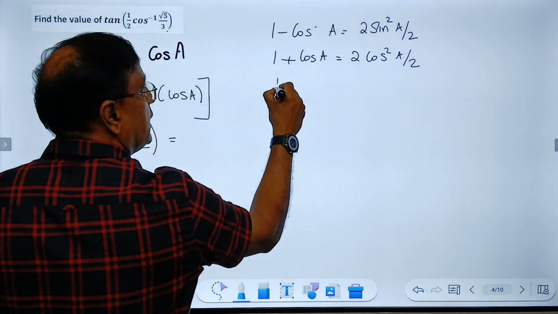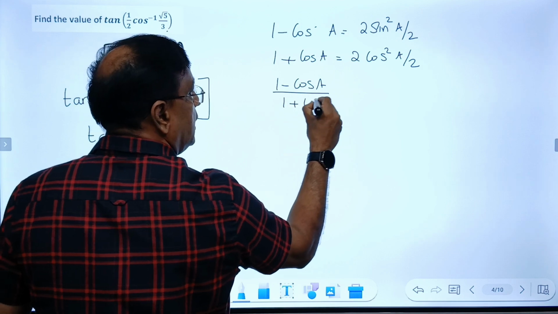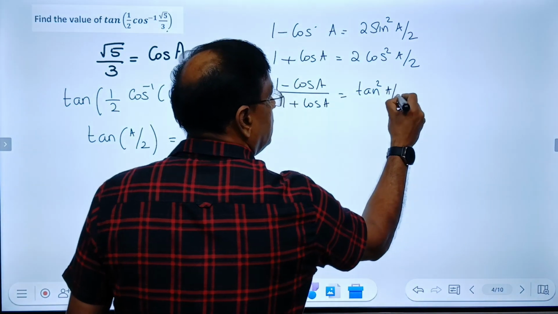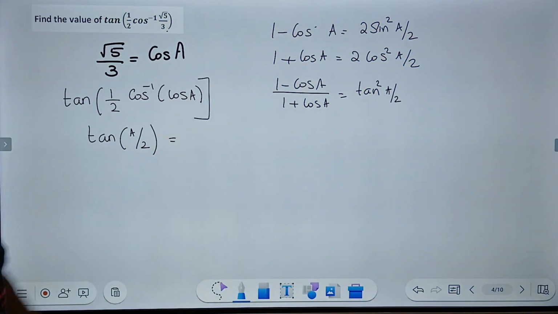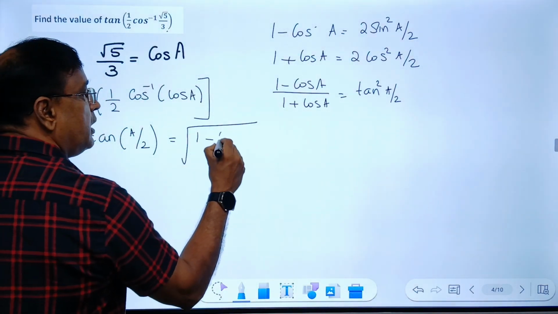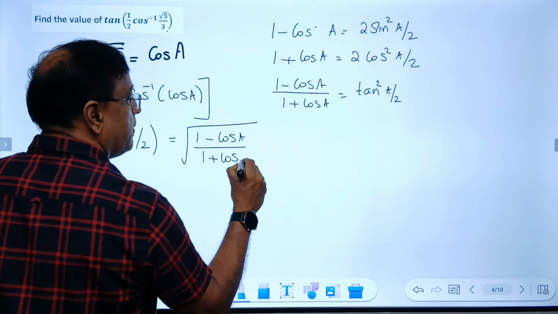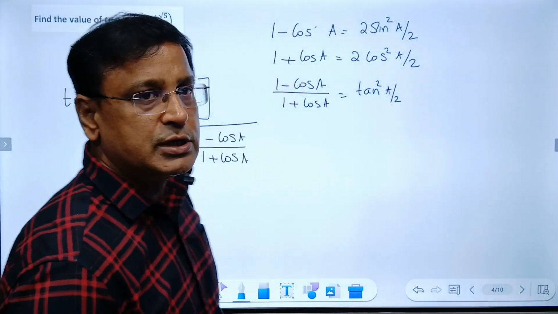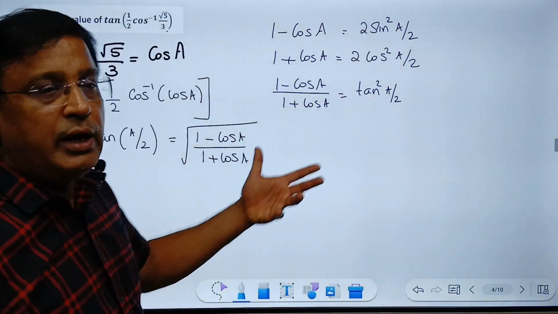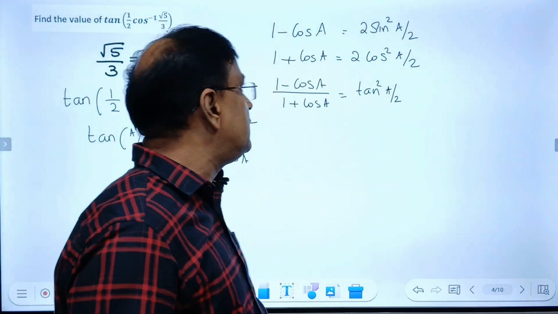If I divide, what will I get? 1 minus cos A by 1 plus cos A equal to tan square A by 2. So I am going to use this result. So what is tan A by 2? It will be square root of 1 minus cos A by 1 plus cos A. All this comes from trigonometry. First I thought of writing it with 2A and generalizing, but since you know the formulas, I think I can directly do it.